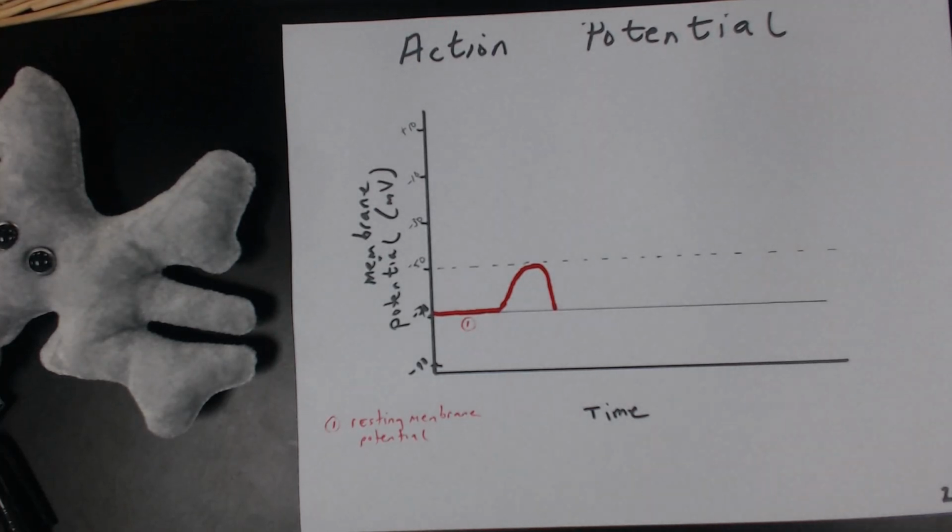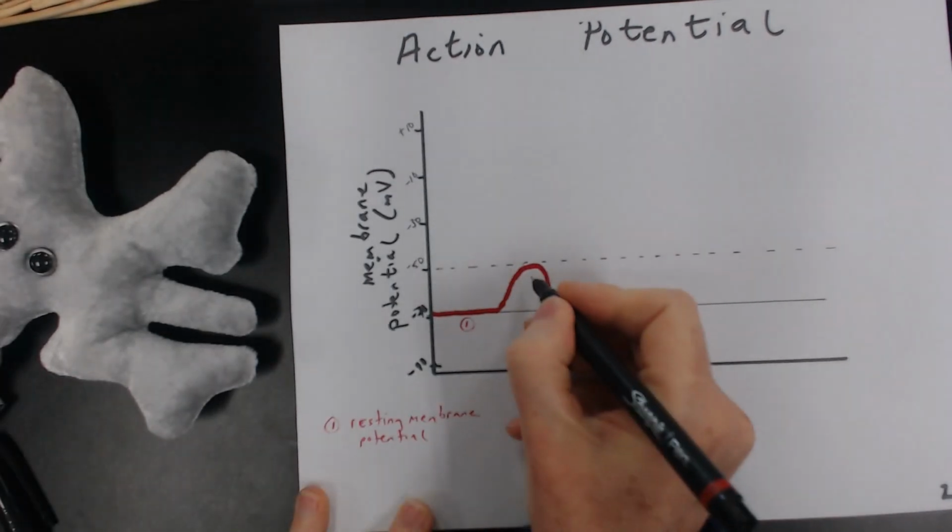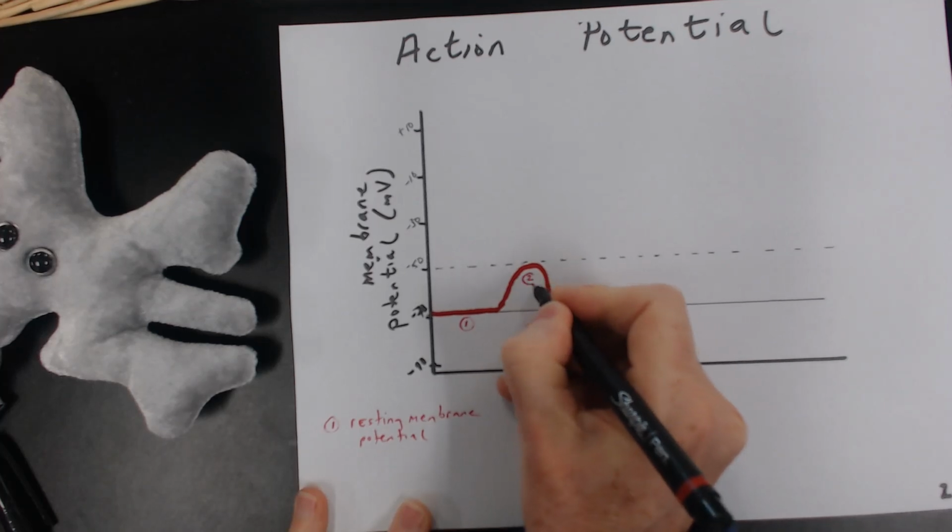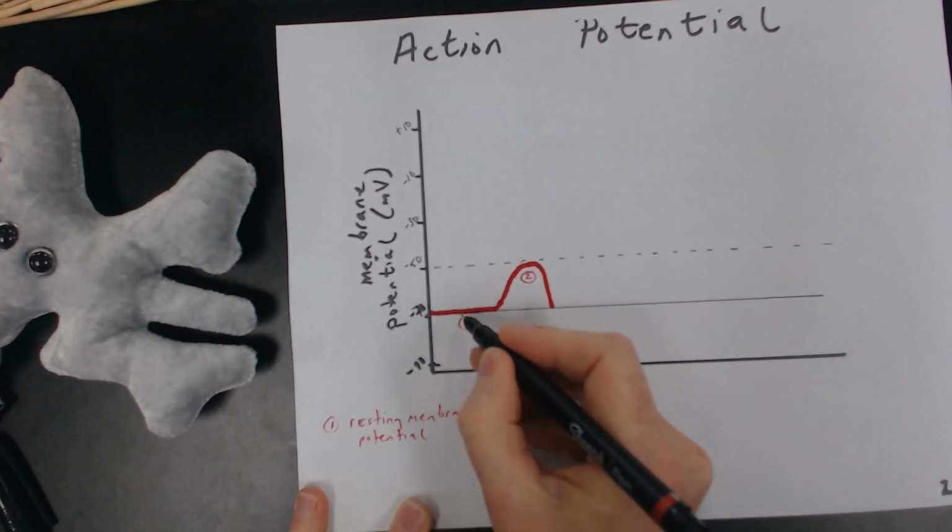Another way to think about it is like if you have a pin and you just touch your finger or some part of your body. Okay, it doesn't really hurt yet. There's a point at which it hurts, right? So when you push it in, it's like ow. That ow means you've got to threshold. That's another way to think about it. So if I don't quite get to threshold yet, that's what this indicates here. I'm not quite there. Started at minus 70.